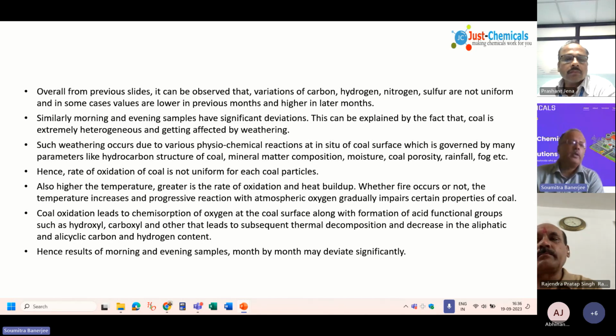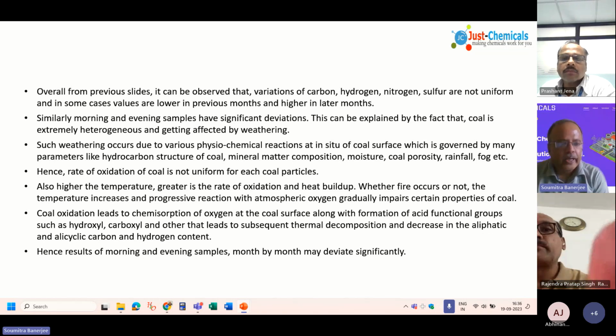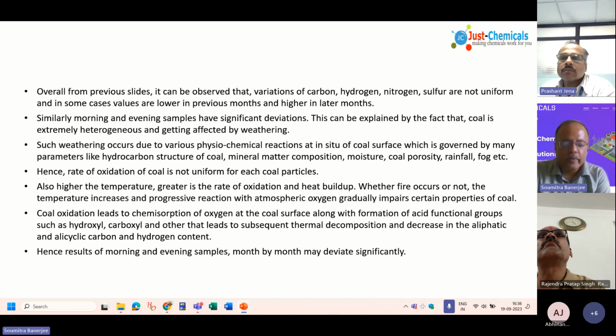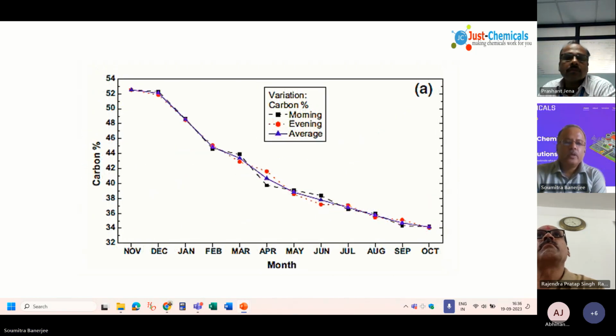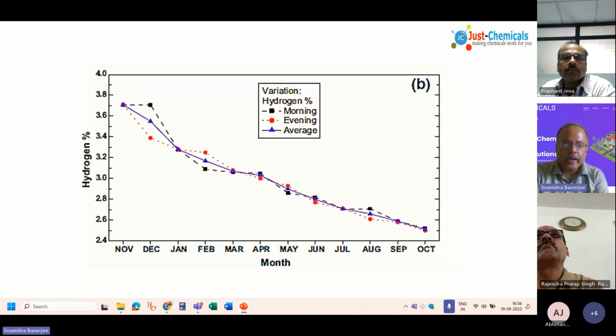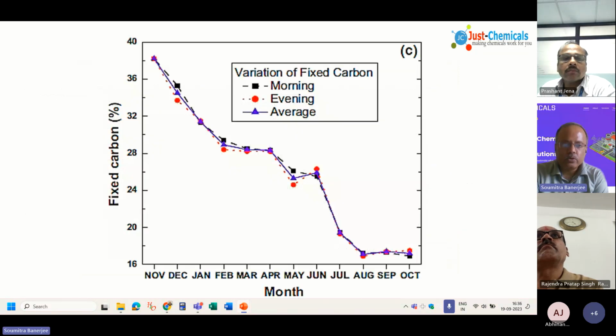That leads to subsequent thermal decomposition of that coal and a decrease in aliphatic and alicyclic carbon and hydrogen content. Means your hydrogen content is also going down and VM is also going down. Hence, they may result significantly, but this is the truth, and I'll show you by GCV also.